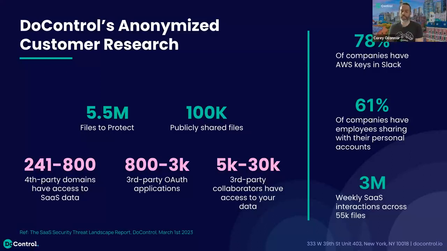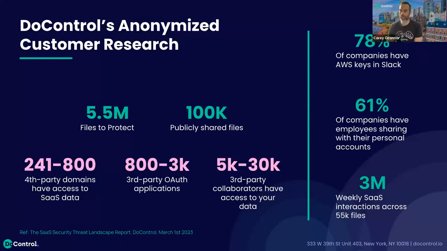So what we did in generating this report, it's essentially a customer study. We looked at mid-sized organizations and large enterprises and created these basically generalizations and created a report for organizations to benchmark themselves within their different industries and the size of the organization. And from that report, again, 5.5 million files need to be protected.